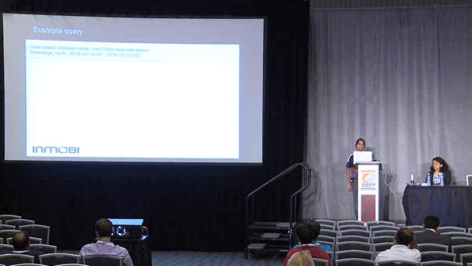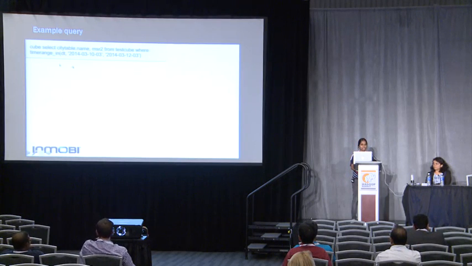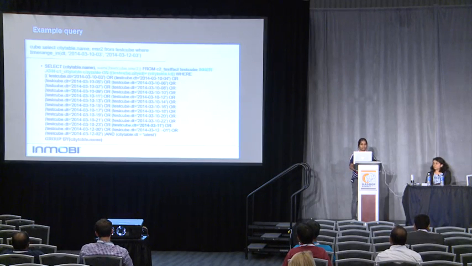Here we are saying: give me the city table, and for each city, get me measure 2 from the test cube for 2 days, where the time range is 2 days. If we look at this, it has been rewritten to pick up the actual physical fact table and the dimension tables, and it has figured out which partitions to pick up. It has figured out what the aggregate is, and also the join condition between city and the test cube.